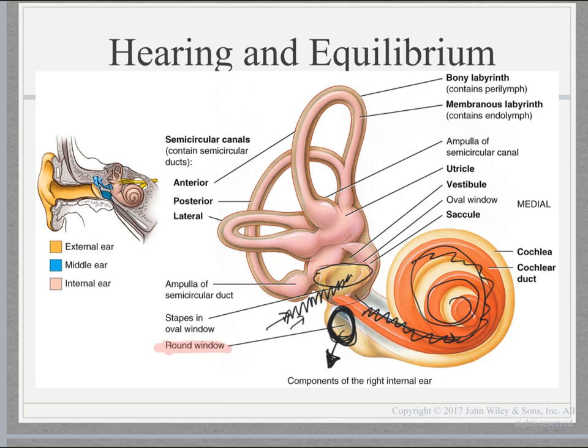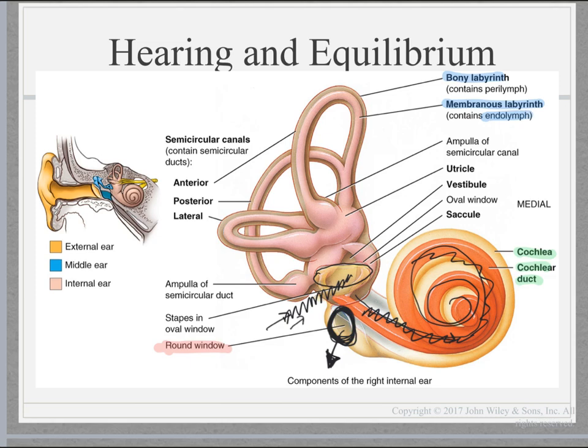Now a couple other things we see: the cochlea with the cochlear ducts. Okay, so we go right here, the cochlea with their cochlear ducts within. We have the semicircular canals. This is going to contain the bony labyrinth where the perilymph is going to flow, as well as the membranous labyrinth that's going to contain endolymph.